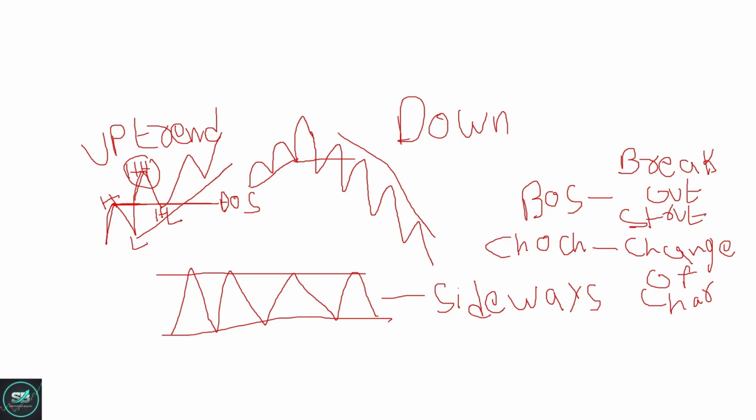Earlier it was making this low, this is a higher low, and this is a further higher low, and suddenly you will see a change in the character where price breaks the previous higher low. When price breaks this in an uptrend, it means the price is changing its character. This is an early warning that the trend may be reversing. This is called change of character, CHOCH.